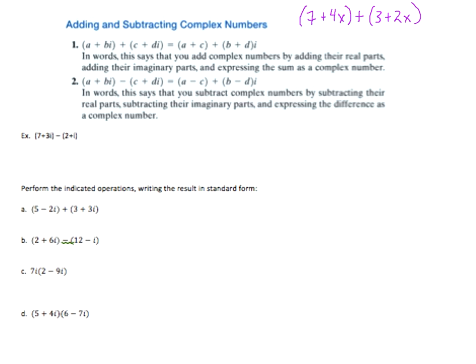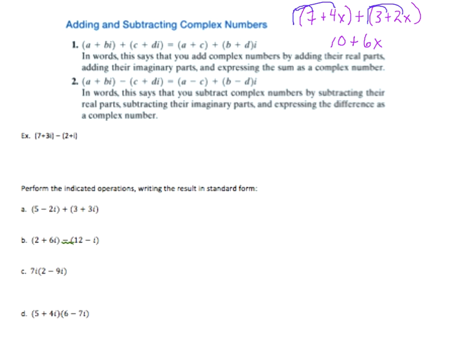If you were adding these binomials together, you'd add your constants, 7 and 3, and get 10, and you'd add your variable terms and get positive 6x. The parentheses are really not needed there because they would be distributed away with that understood 1 that sits in front of both sets of those parentheses.